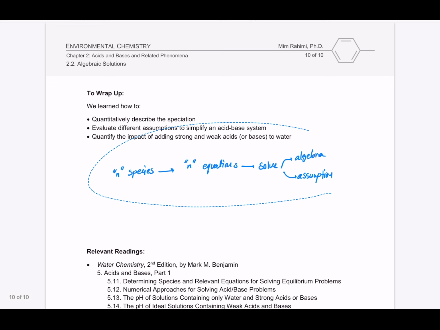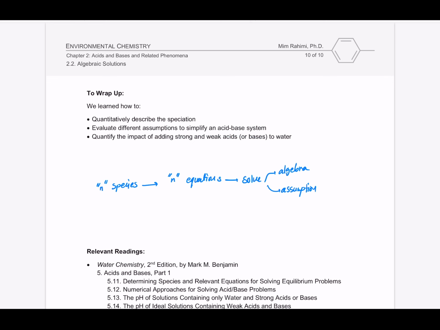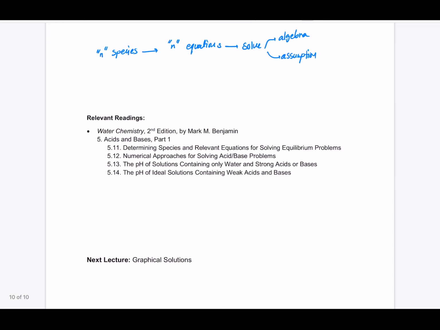As I mentioned, this would be the foundation for the rest of the course. Right now, we had 4 species. At the end of this course, we get to a scenario that we have more than 20 species. So it's basically more and more involved, but the foundation would always be the same. And in the next lecture, we're going to talk about graphs and how to use them to solve for speciation eventually.